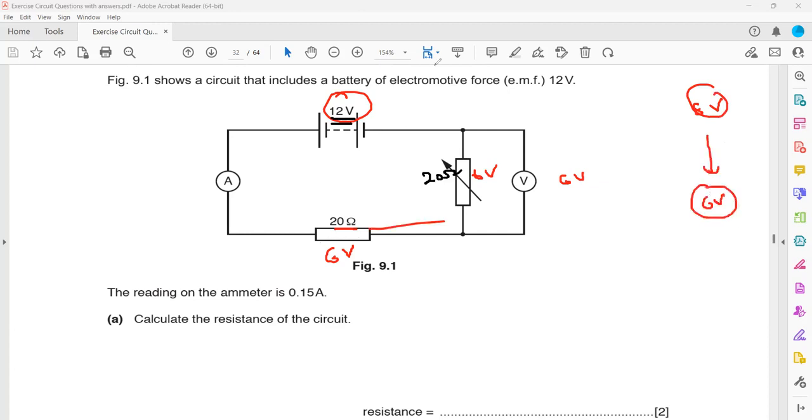And in the fixed resistor? Originally it was 4 and now it has increased to 6. So in a potential divider circuit, if one side's resistance decreases, the voltage across that side decreases, and automatically the voltage on the other side will increase. Or in a series circuit, you can also say.